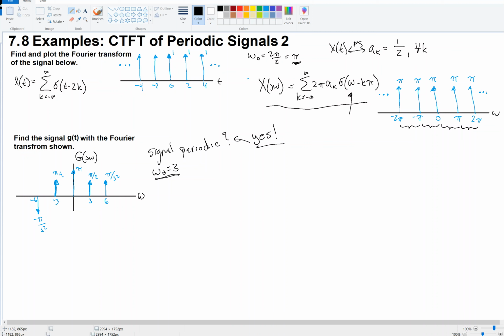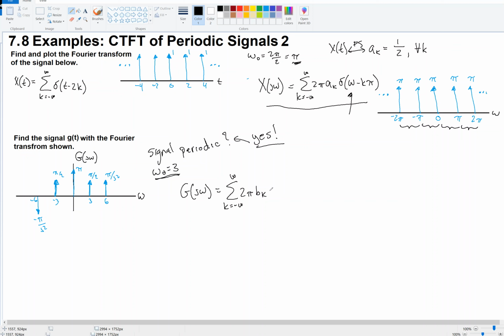Okay, so we know then that this thing is in the form of the sum, k goes from minus infinity to infinity, of 2 pi times bk times a sum of shifted impulses spaced by 3, like this. I'm going to use bk for the Fourier series coefficients for this thing because I already used ak's in the previous example.